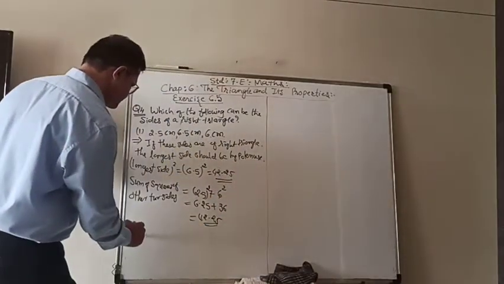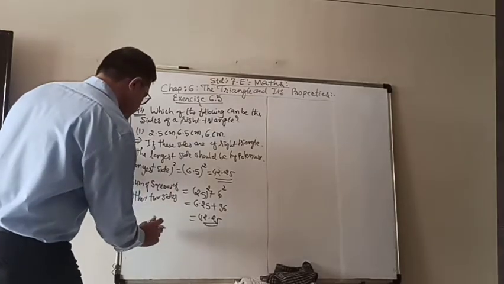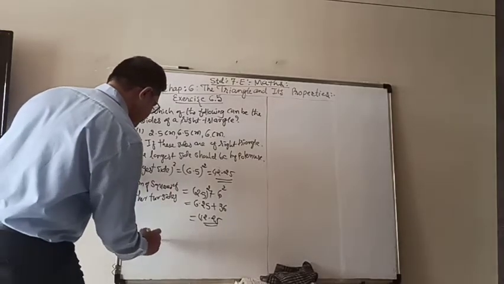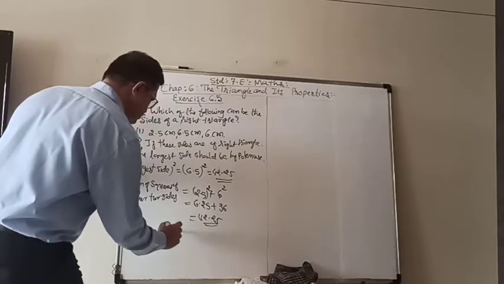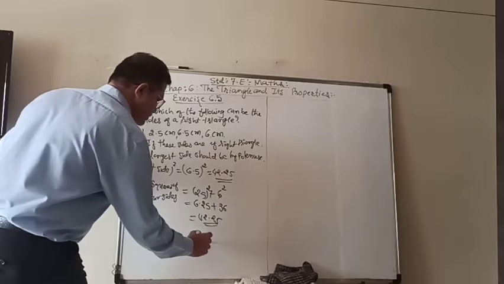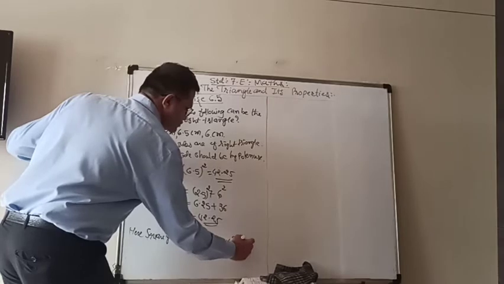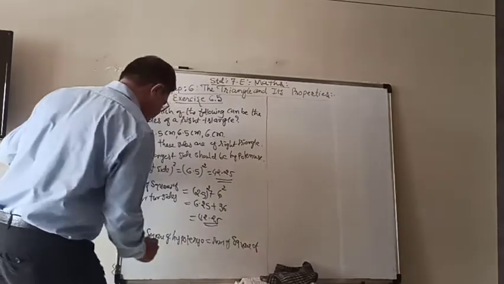Therefore, here the square of the hypotenuse is equal to the sum of the squares of the legs.